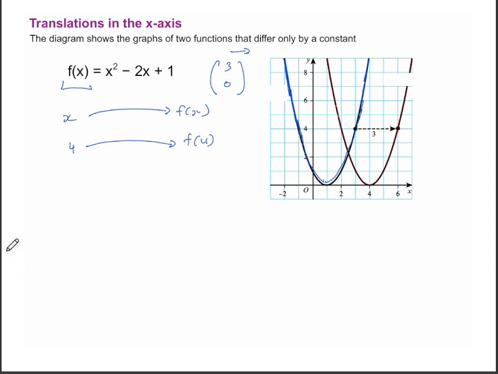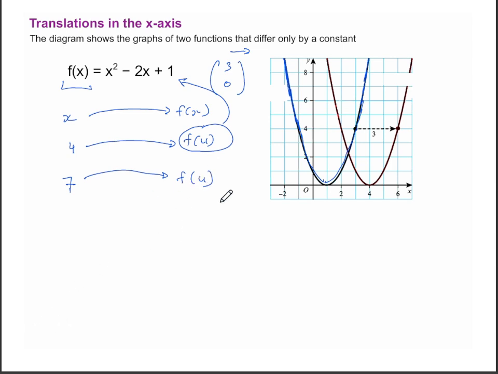And what's happening now here, we still want f of 4, right? We still want f of 4, but we want the x value to be 3 units in front, right? And so we want the x value to be 7, but somehow we still want to put this through f and get f of 4 out of it.